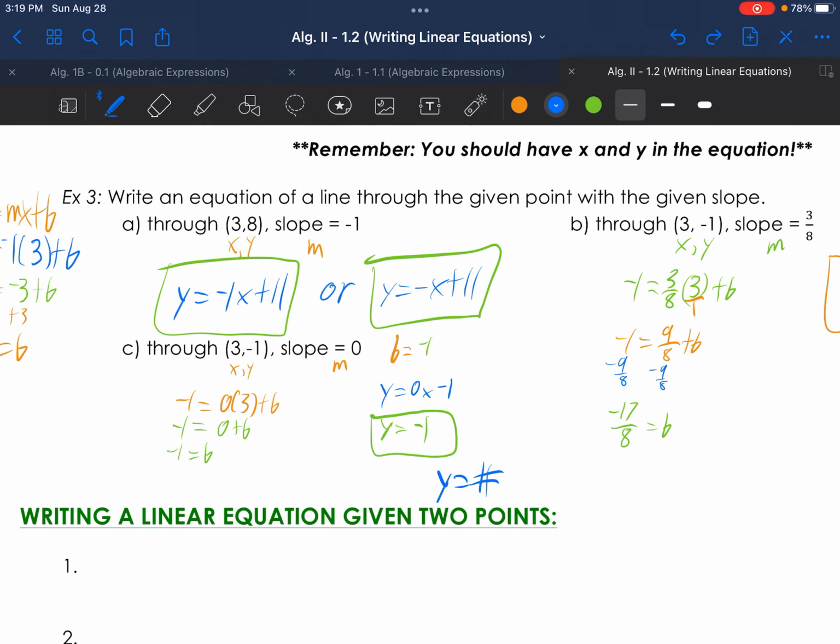So since that had negative 1 as the y value, you could have just jumped right to the answer off the get-go, just knowing, hey, the slope is 0, a y value is negative 1. Y equals negative 1, I'm done. And you can skip all of that work if you catch that. If you don't, this method still works, which we just showed here.